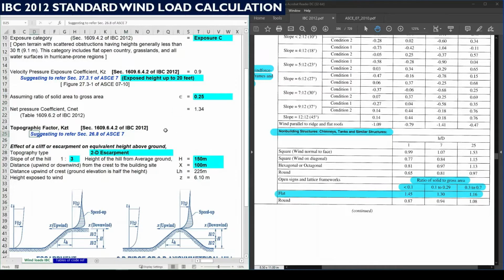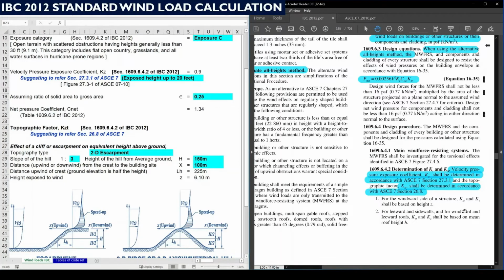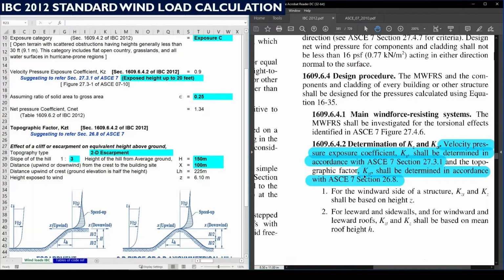Next we need to define the topography factor. For that, section 1609.6.4.2 is to be referred, page number 385. Here you can see that Kzt shall be determined in accordance with ASCE 7 section 26.8.